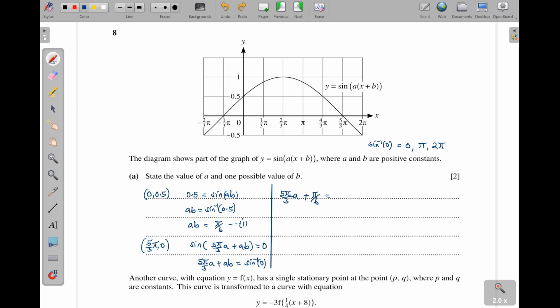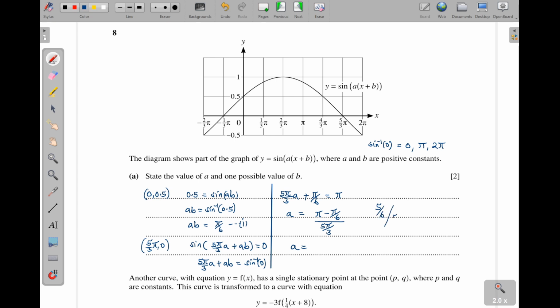So I will have here pi, and then my a is going to be equal to pi minus pi over 6, then I will divide by 5 pi over 3. So what will be our a here? Now, of course, pi is going to disappear. So 1 minus 1 over 6 will give us 5 over 6, right?